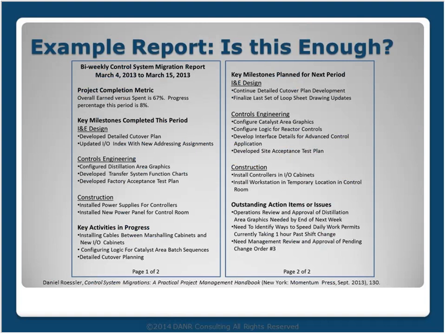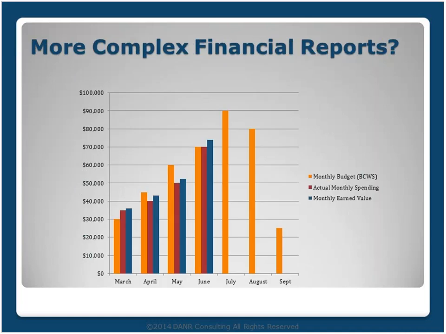This is a very basic report, but it often suffices because it's a good way of just keeping everyone informed of the progress of the project and any issues that have arisen and that type of thing. But the question you should be asking and answering during the FEL phase is, is this enough? Does your client have the expectation that you're going to present something a little more detailed?